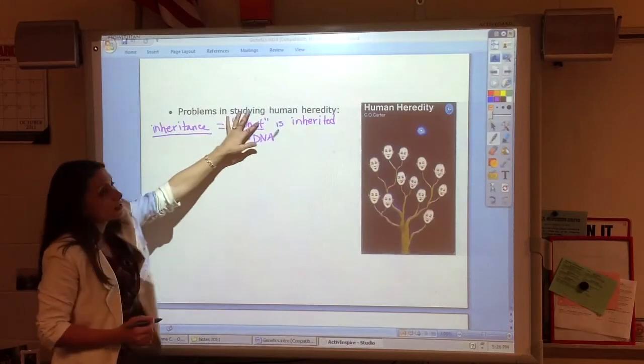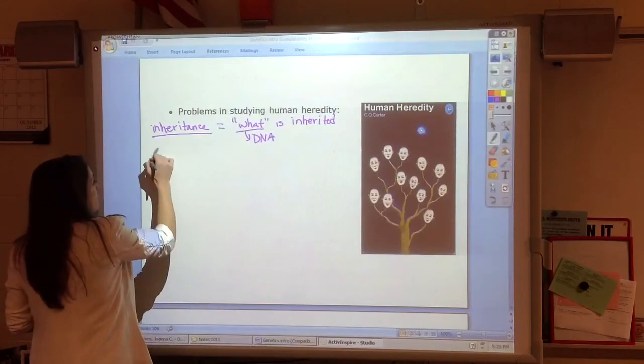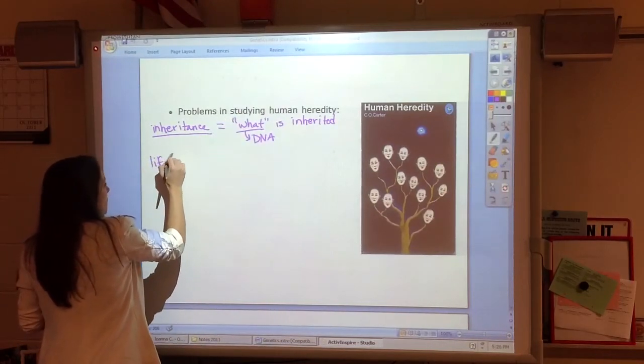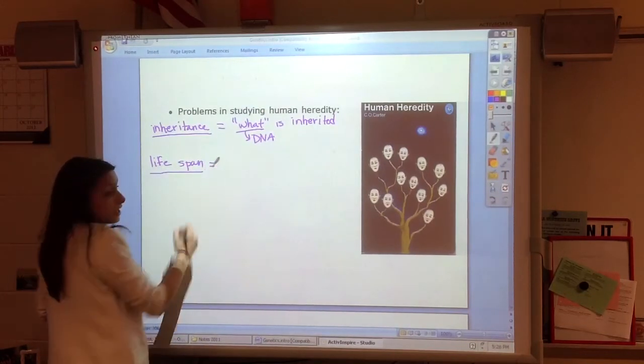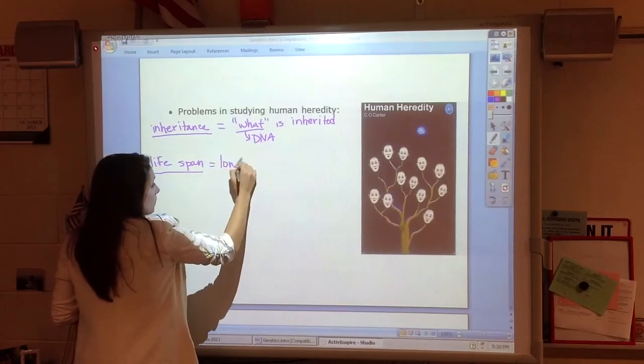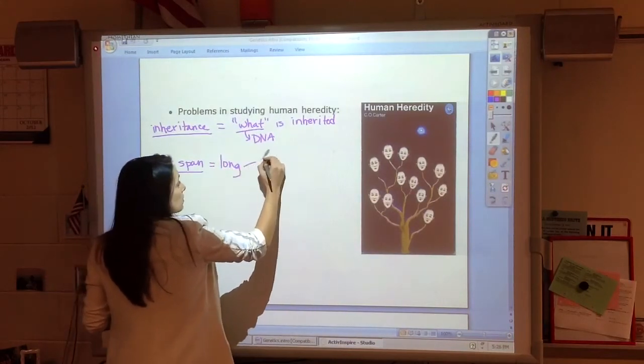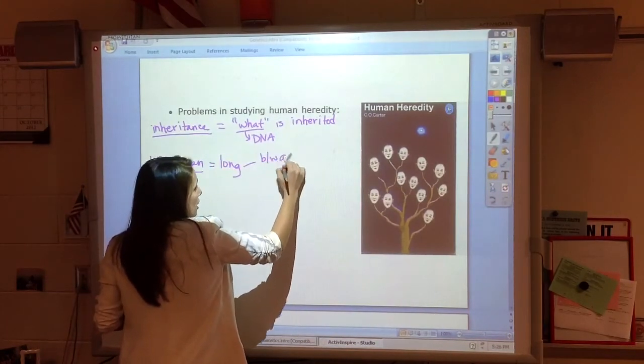Another problem that's kind of specific to humans is actually the lifespan. Because humans have a really long lifespan, it's actually a long time between generations.